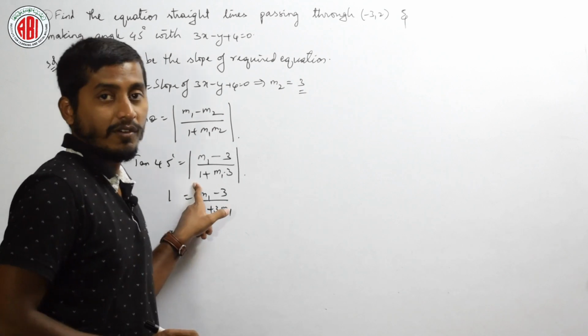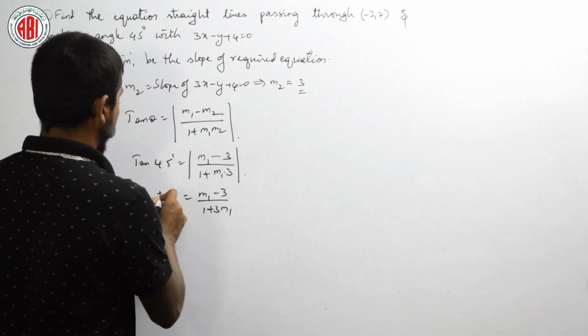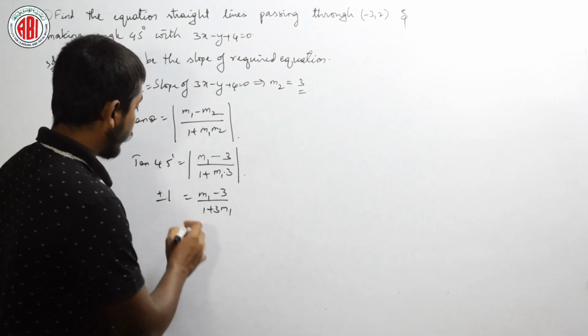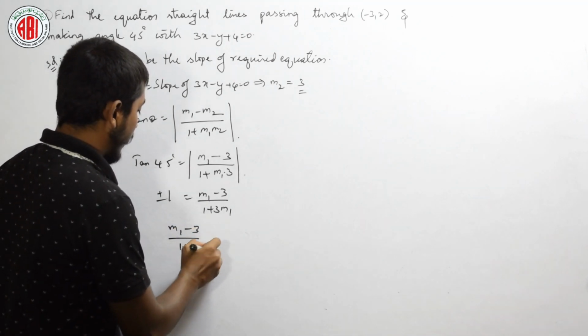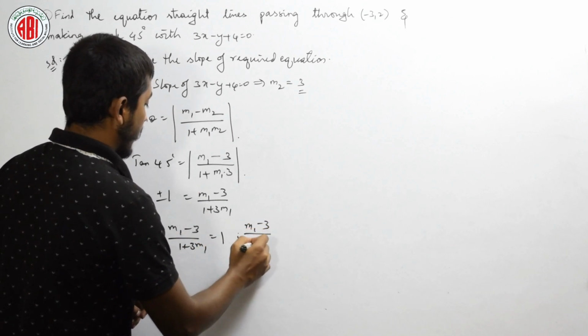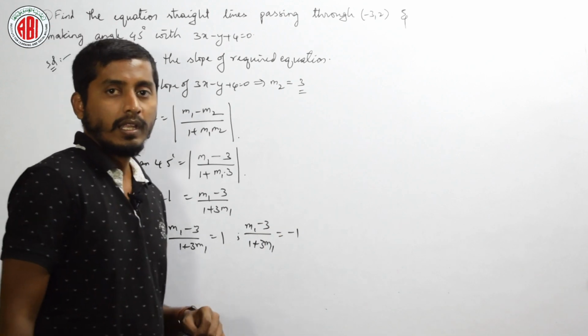If I remove the mod from this side, it becomes plus or minus on the left hand side. Now let us separate it: m1 minus 3 by 1 plus 3 m1 is 1, and m1 minus 3 by 1 plus 3 m1 is equal to minus 1. Is it okay?